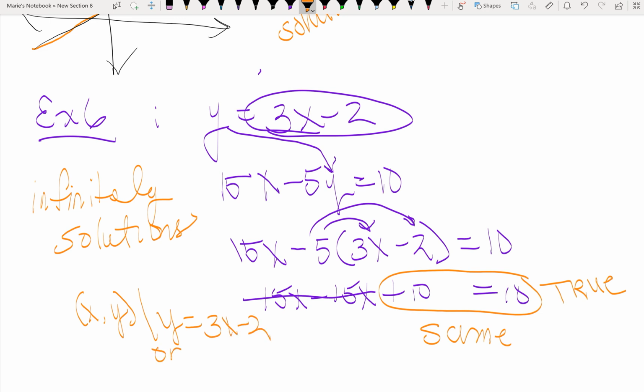You could also say the set of (x, y), and always in a set solution, the values where x and y are in the set where 15x minus 5y is equal to 10. They're the same. So there's absolutely no difference in the process for how you solve this.